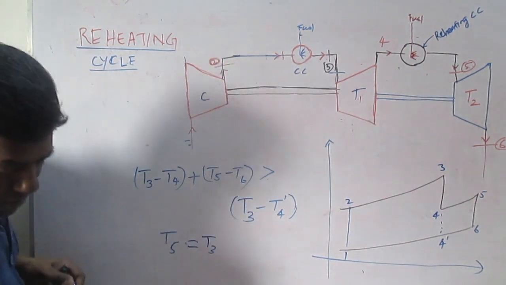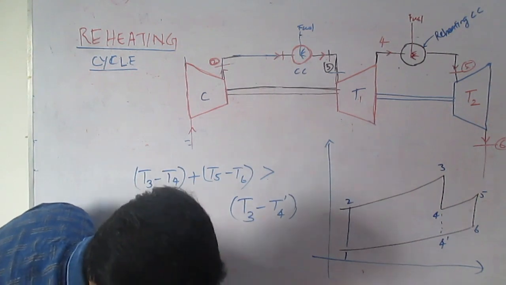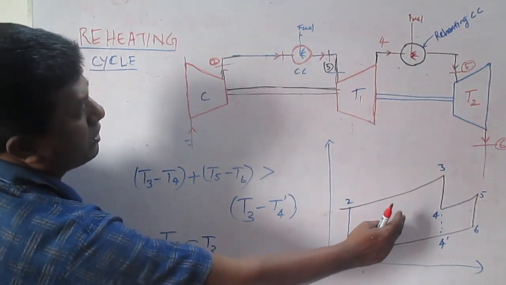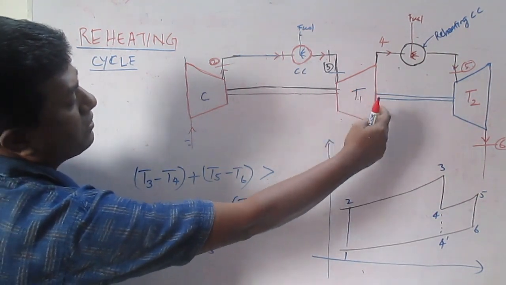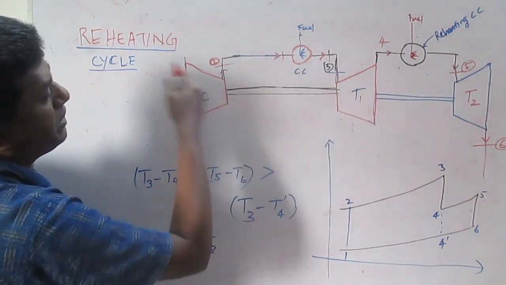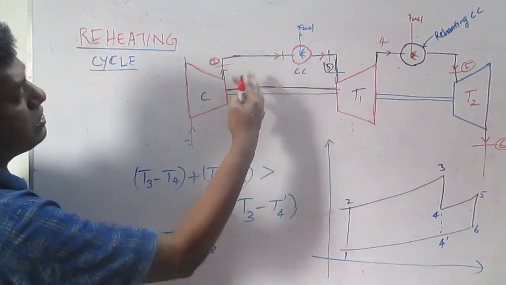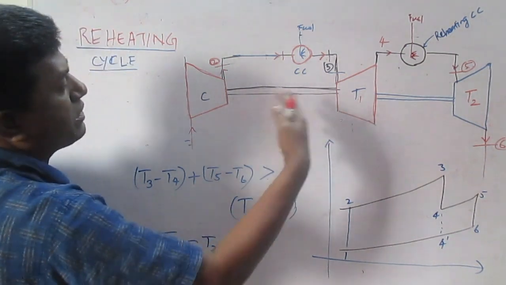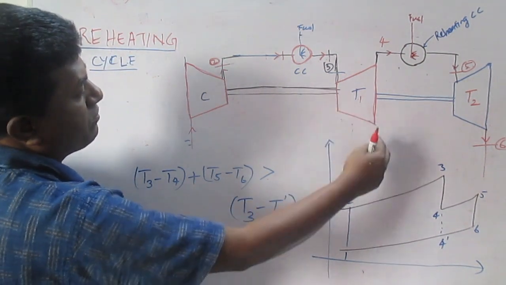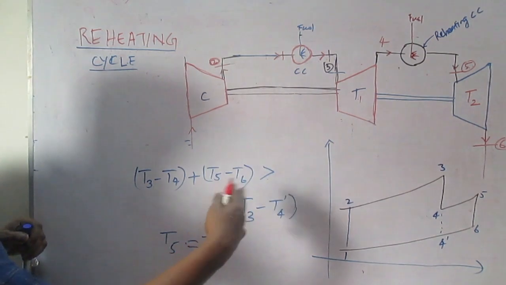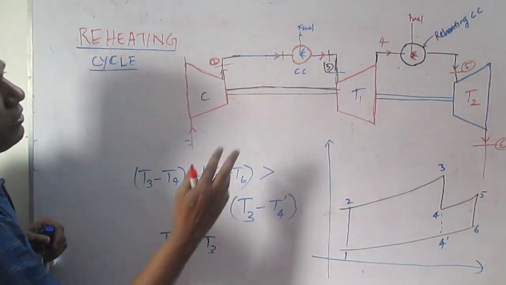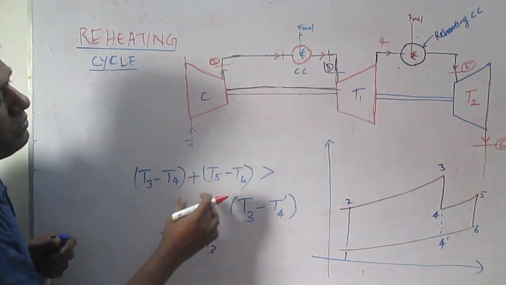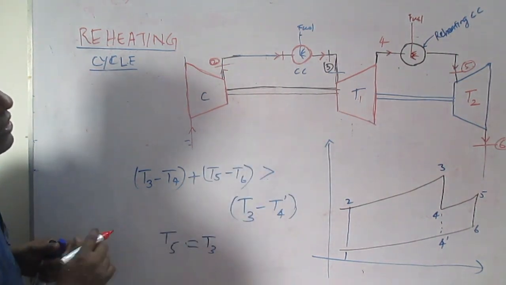Now let us see the operating conditions. We have understood how the reheating cycle enhances the performance of this cycle, specifically how the specific work output increases. We can prove it by analytical derivation or analytical formulas.